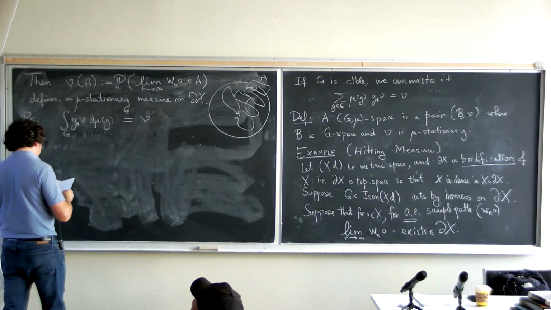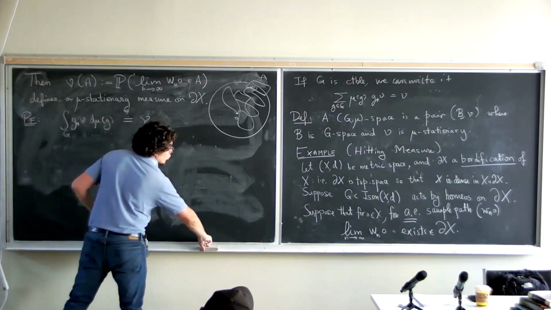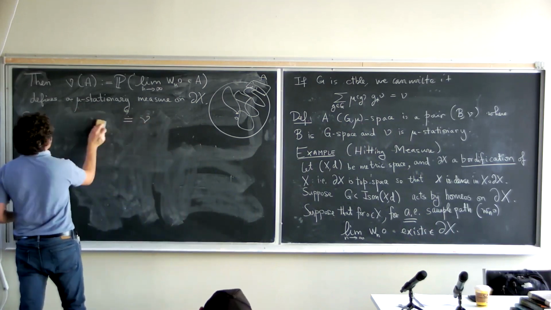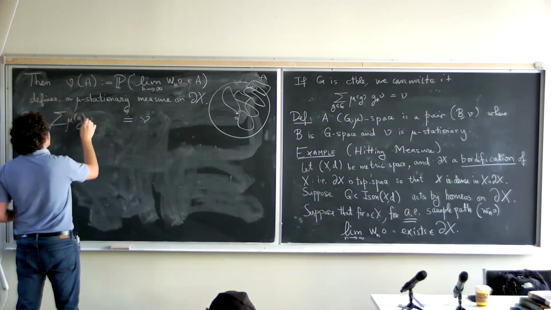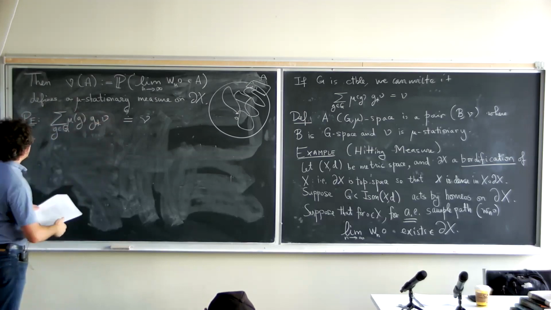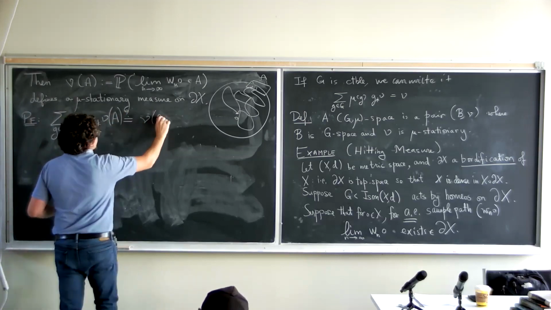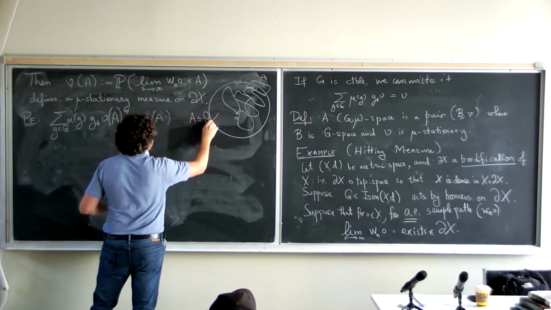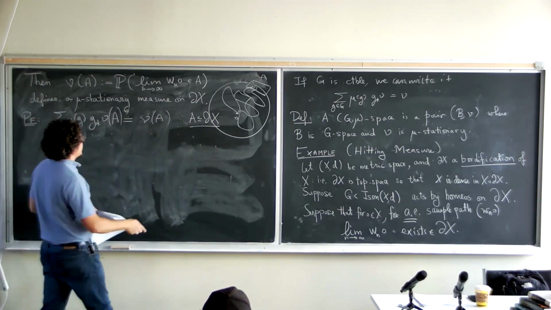In fact, let's even assume that the group is countable to make it a bit simpler, so we can just take the sum of mu of g times g star nu. And now we have to test on a set A, a subset of the boundary.